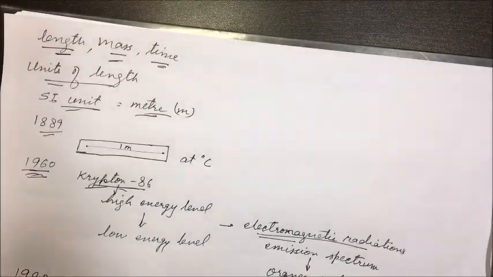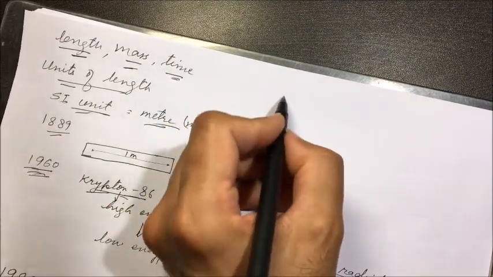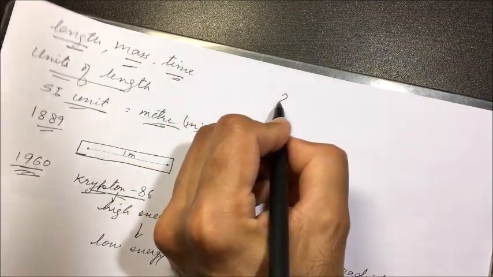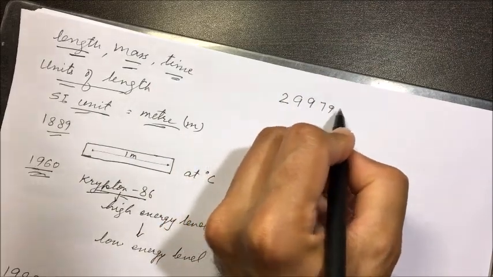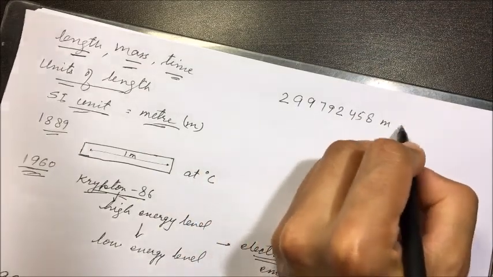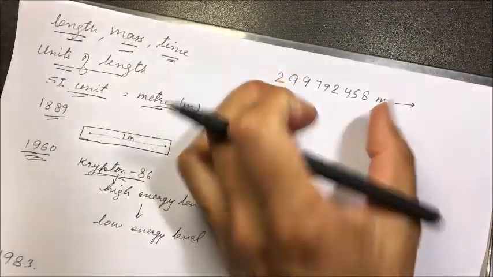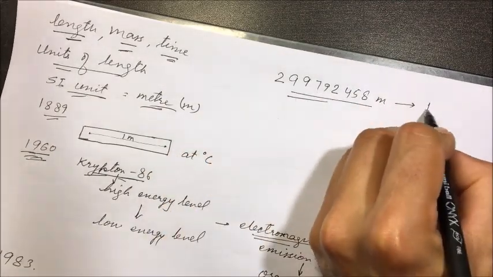And how was it defined? Light covers 299,792,458 meters in 1 second.